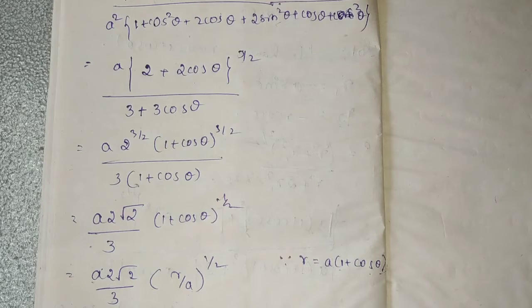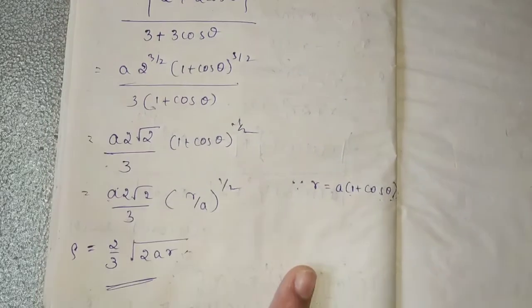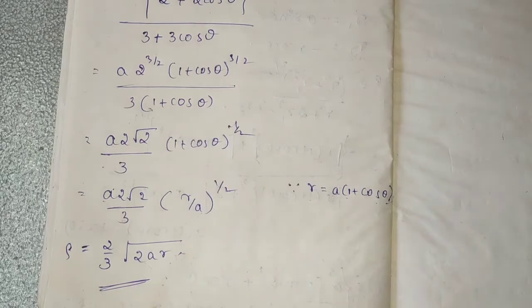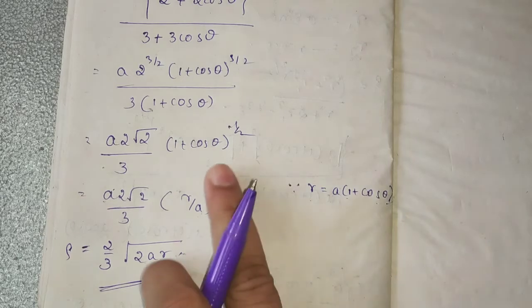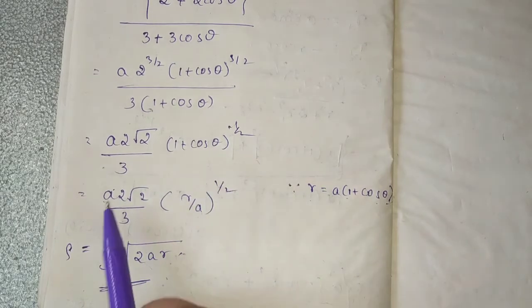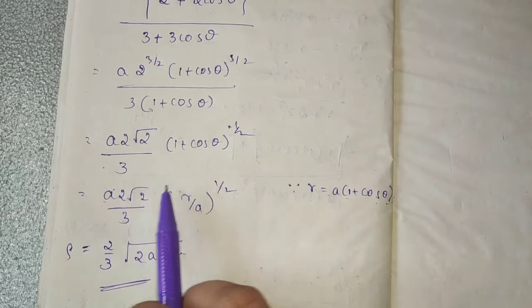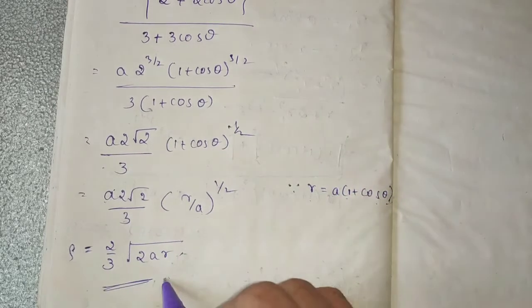Simply I am substituting. Solving this, we get rho equal to 2 by 3 times square root of 2ar, because a raised to 1 by 2 is there and here a raised to 1 is there. We are left with root a in the numerator.